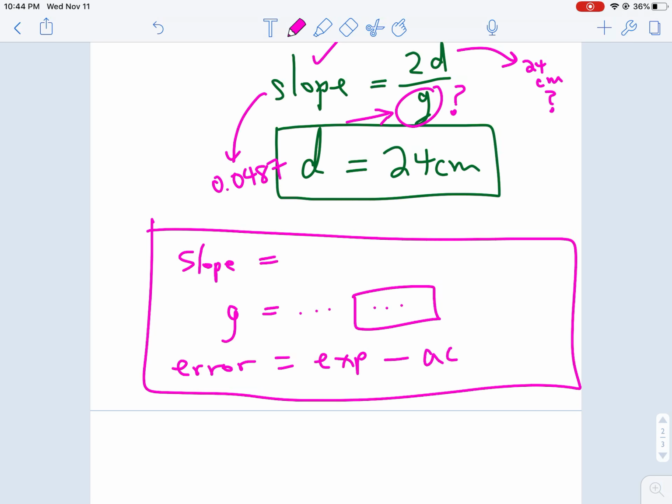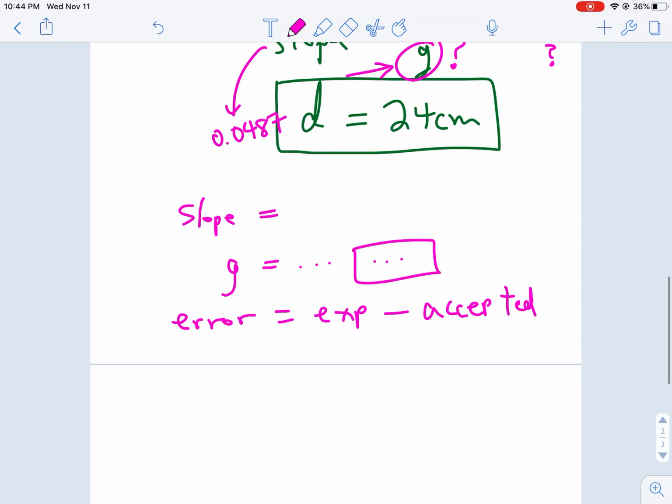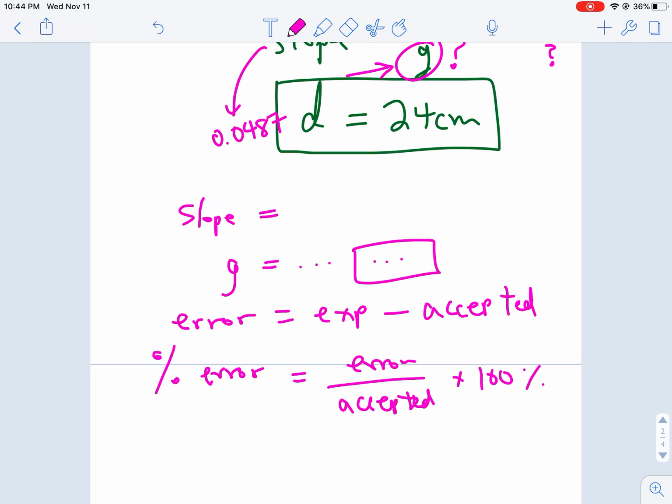So the accepted value, of course, is 9.81. And then the final calculation for you will be a percent error, which takes your error, how far you were off, and says how big is that error relative to the accepted value. And then, of course, we turn it into a percentage by multiplying by 100%.